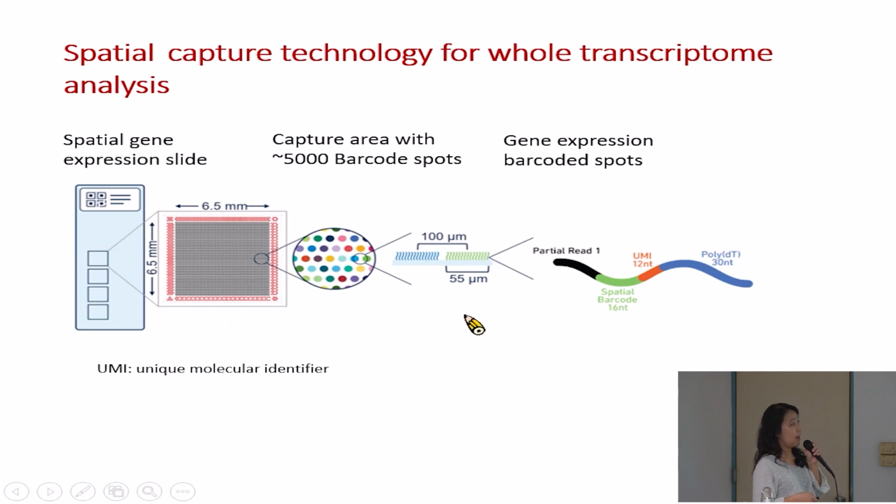Each barcode spot contains a gene-specific barcode. It contains the special barcode connected with a unique molecular identifier, so we can know in this region what kind of gene is expressed.